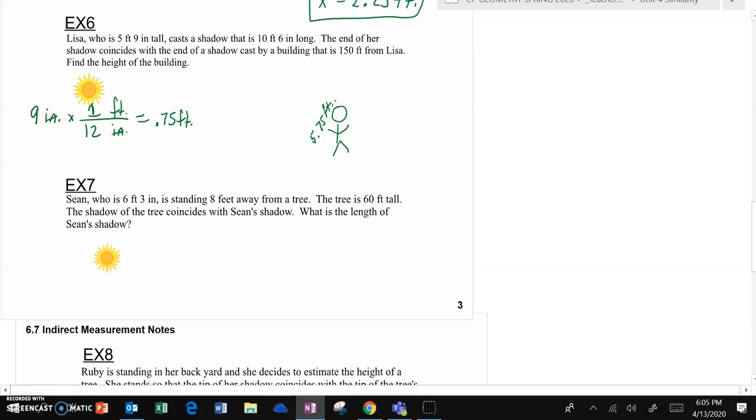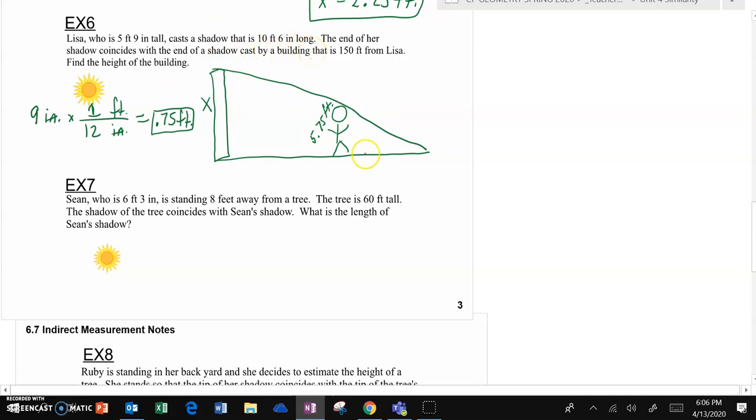Okay. Now we're talking about a building. I'm going to kind of squeeze this building in. So again, excuse my artwork here. Okay. So we want to know the height of the building. Okay. And it says Lisa's shadow is 10 feet 6 inches long. Okay.